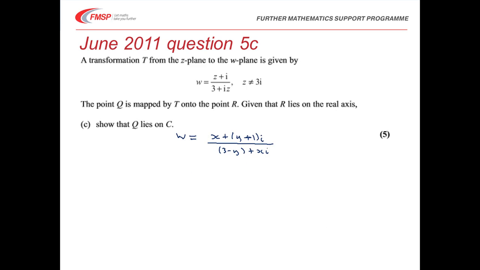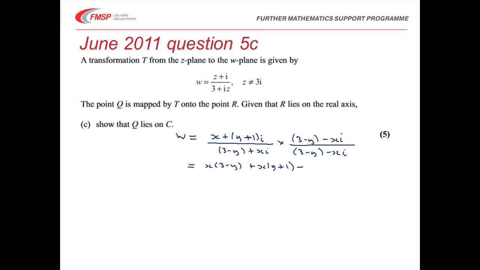So what we need to do now is to rewrite this expression for w, and in order to do that we need to multiply top and bottom by the complex conjugate of the denominator. So we're going to multiply the top by (3 minus y minus xi), and the denominator by the same. The top, when you expand it, becomes x(3 minus y) plus x(y plus 1), putting the real parts together.